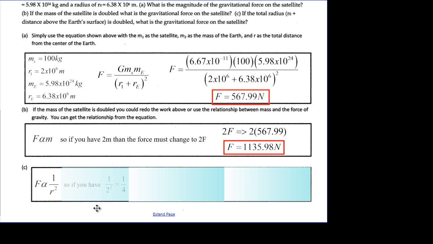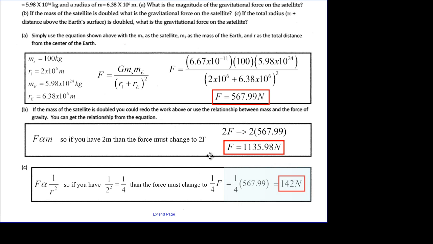So if all of a sudden this distance here is doubled, but it's a squared value, 1 over 2 squared is 1/4, and that tells you how the force is going to change. The force is going to be 1/4 of what it initially was. Well, it initially was 567.99, so now, instead of 567.99, it's going to be 1/4 of that, or roughly 142 newtons.